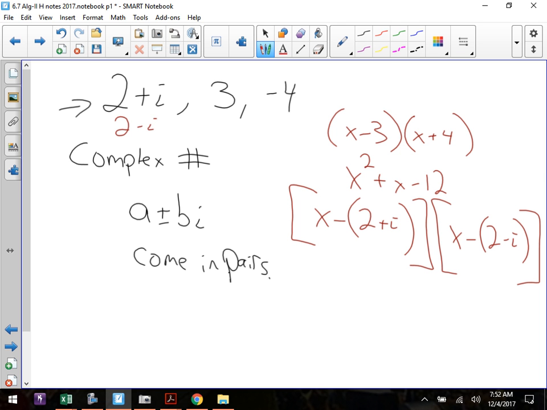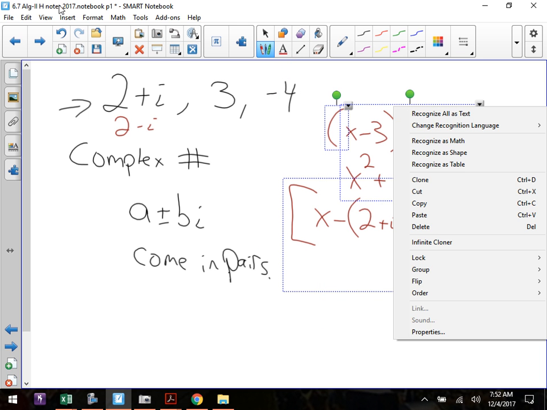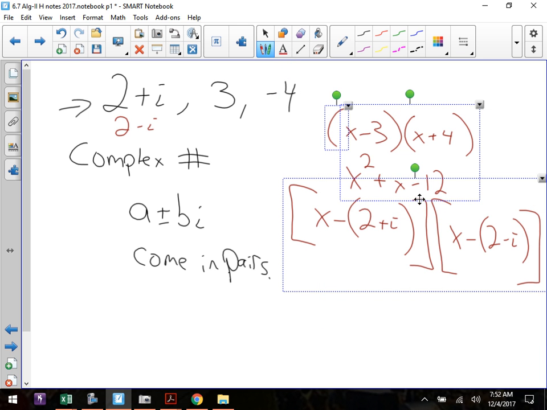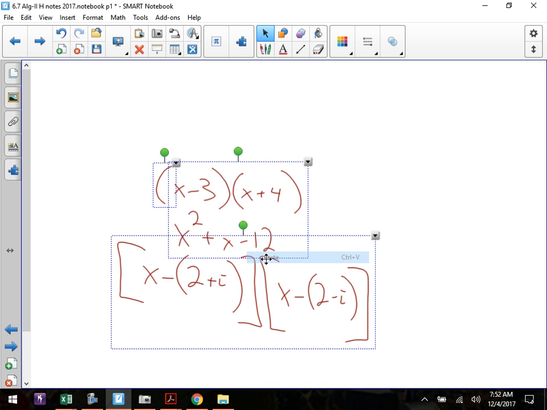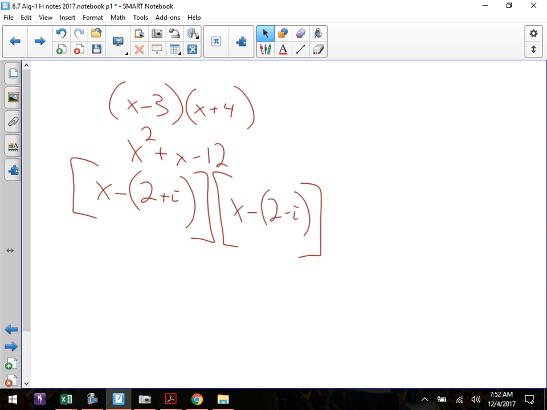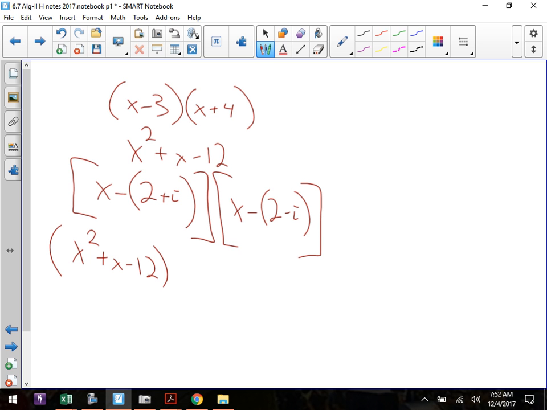And I want to take all this to a clean one. So right now we have x squared plus x minus 12.